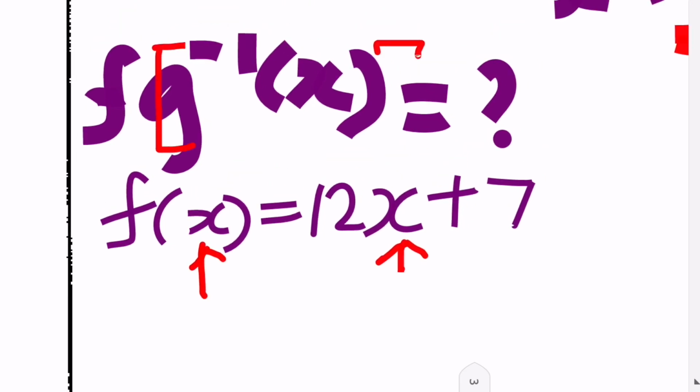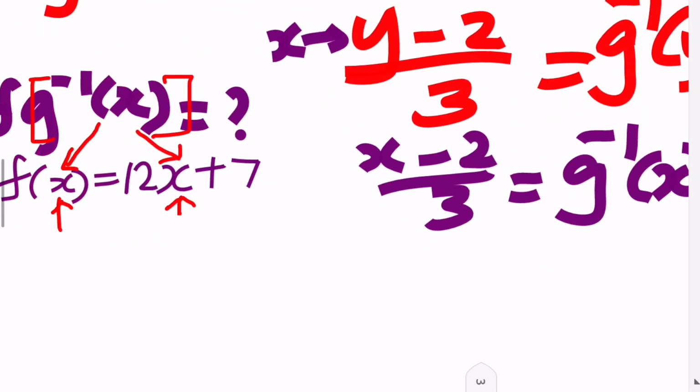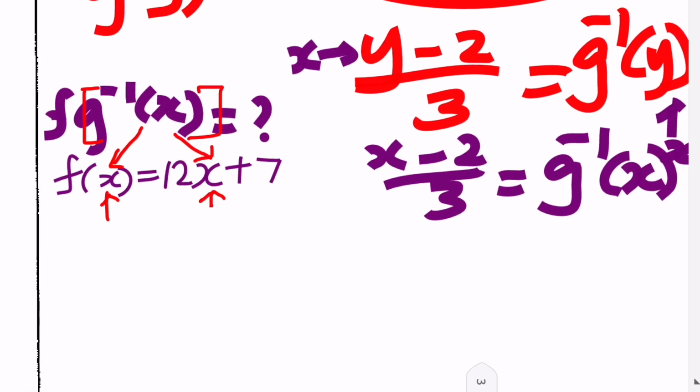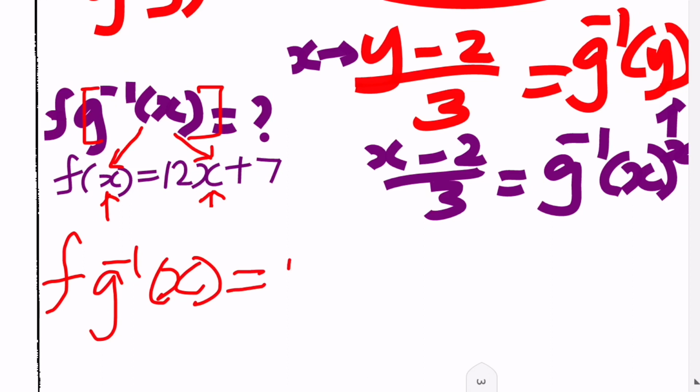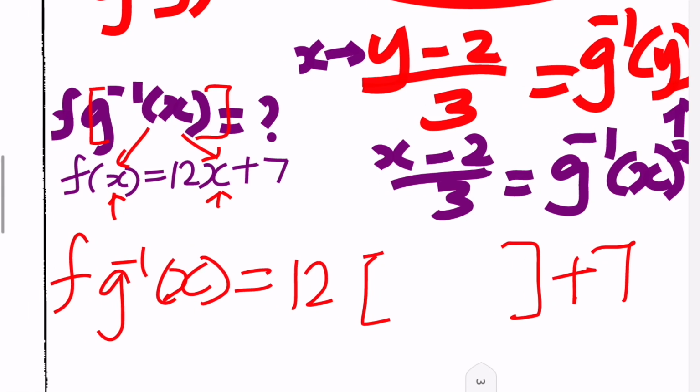If you put g inverse x into the function f, you have to multiply 12 with the object, which is the inverse of g. The inverse of g is (x minus 2) over 3. So now you need to substitute the inverse of g into the right hand side.